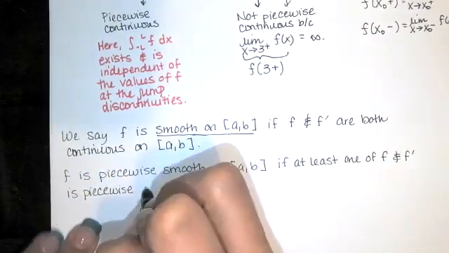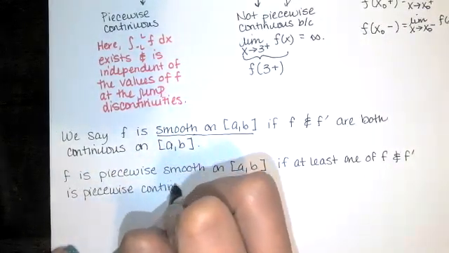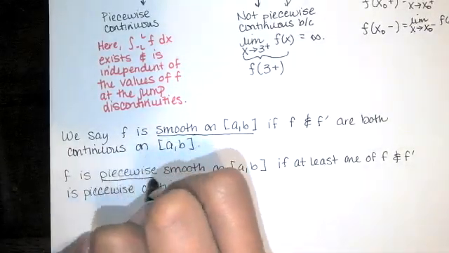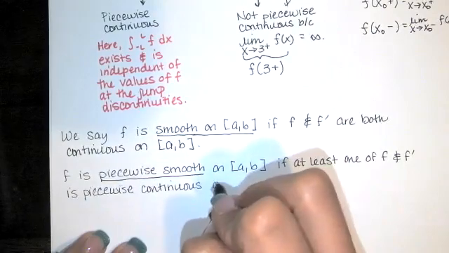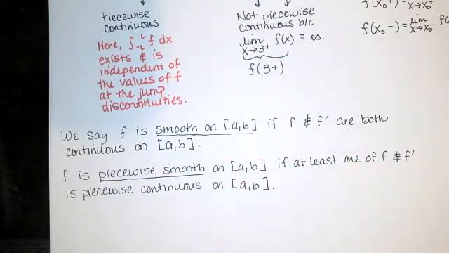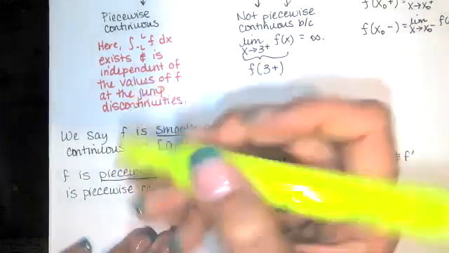So they don't both have to be piecewise continuous. But if one of them is piecewise continuous, then we say that f is piecewise smooth. Okay, so we've got some important definitions.